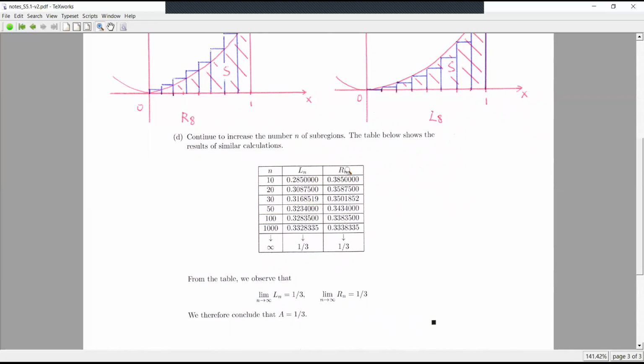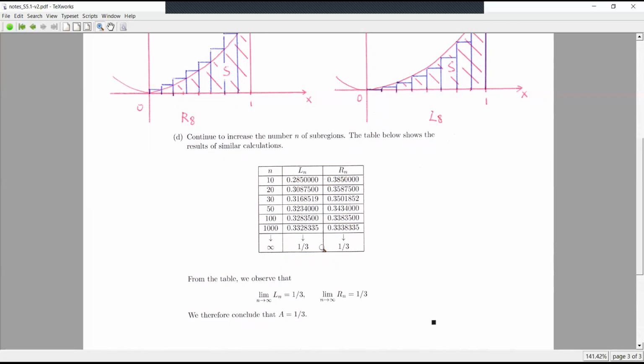And the upper bound, Rn, is decreasing to 1/3. And the exact area of the region always lies between the lower bound and upper bound. So the lower bound increases to 1/3, the upper bound decreases to 1/3, and A lies between Ln and Rn.